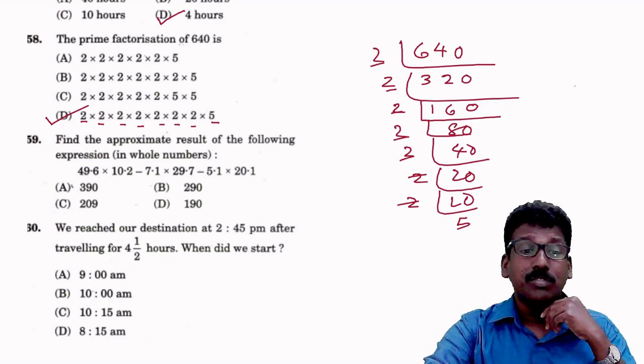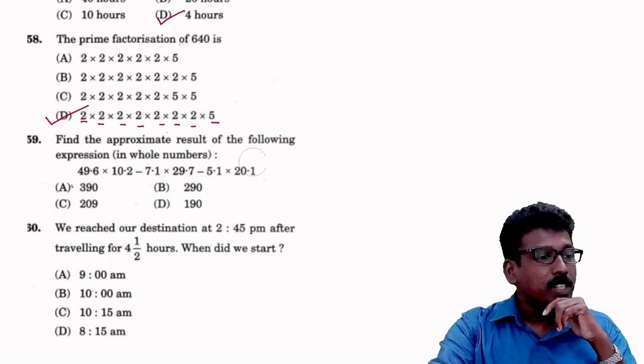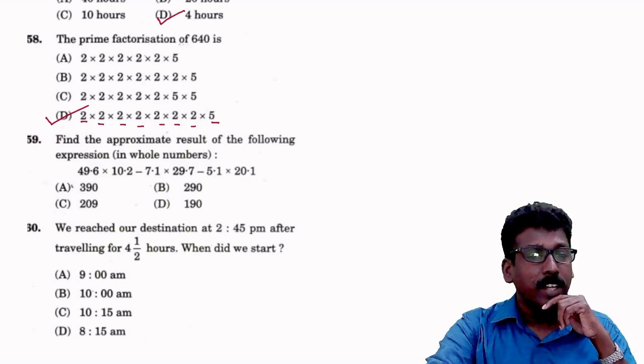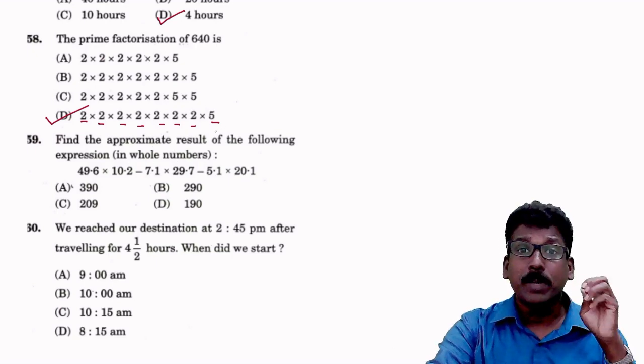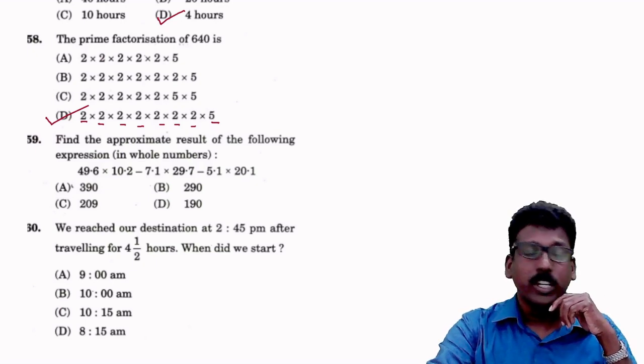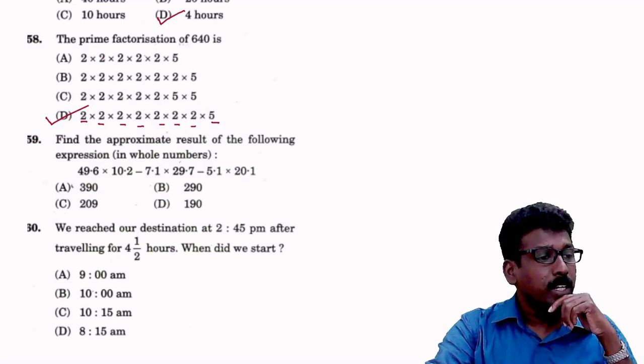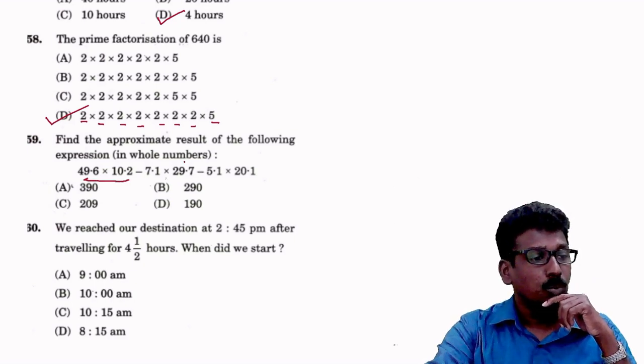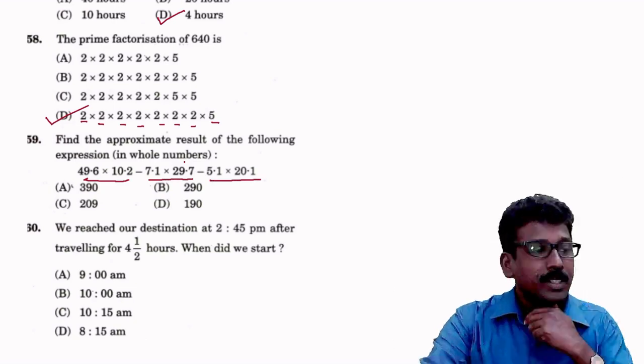Now look at question number 59. In question number 59, you have to find the approximate result. You need not find out the exact result of the following expression: 49.6 into 10.2 minus 7.1 into 29.7 minus 5.1 into 20.1.